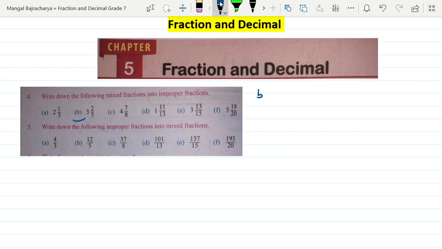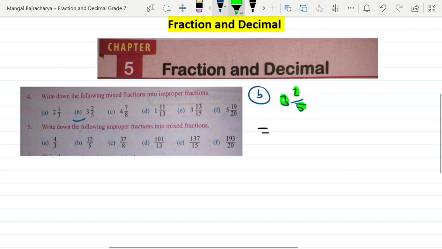In B, we have 3 whole number 2 by 5, and now to convert it into an improper fraction, we need to understand that 3 is the whole number, and 2 and 5 are the numerator and denominator.